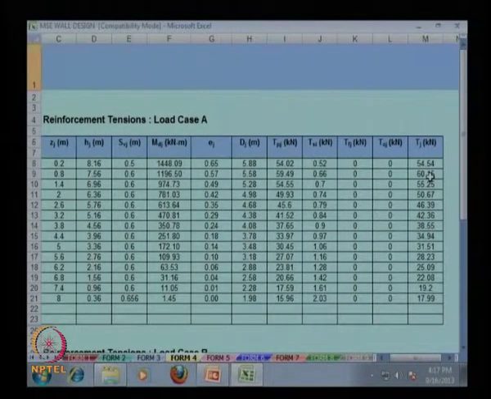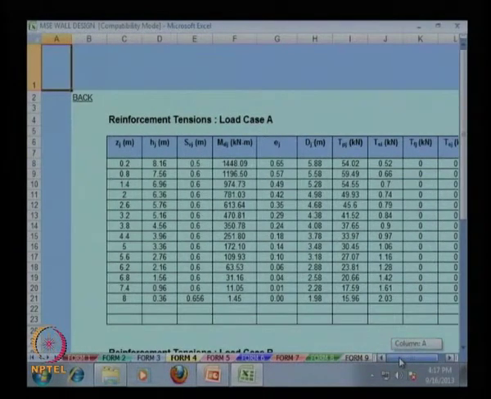You can see how the forces are decreasing, the reinforcement tension force is decreasing. So this table shows the reinforcement tension for load case A.